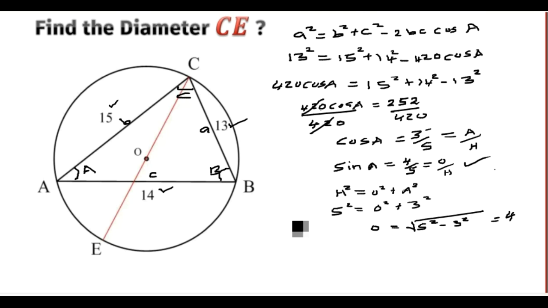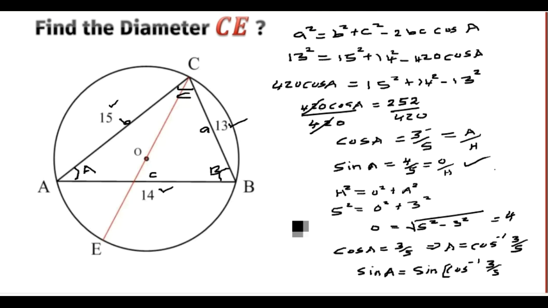Or in other words, when you have cos A equal to 3 over 5, then it implies that A is the cos inverse of 3 over 5. So that when you are looking for sine A, it is going to be the sine of the cos inverse of 3 over 5.